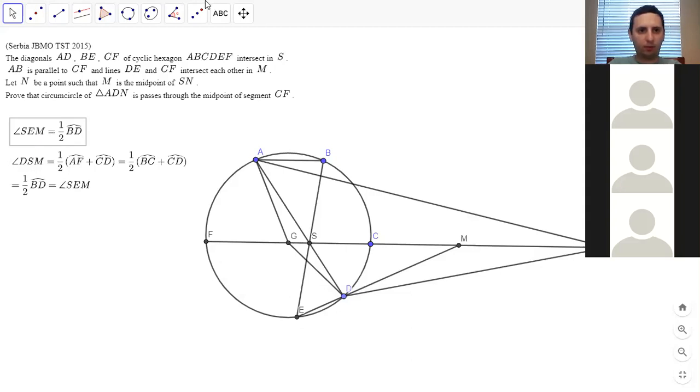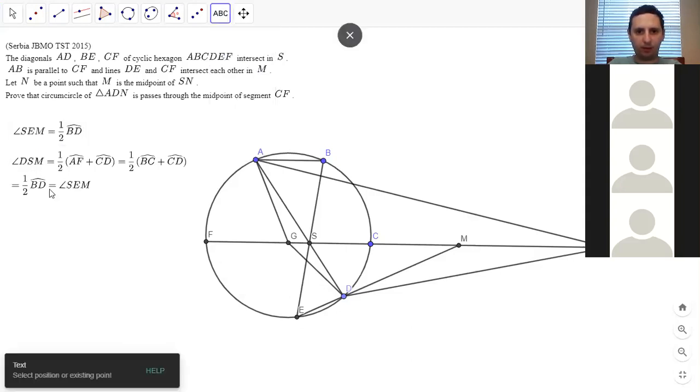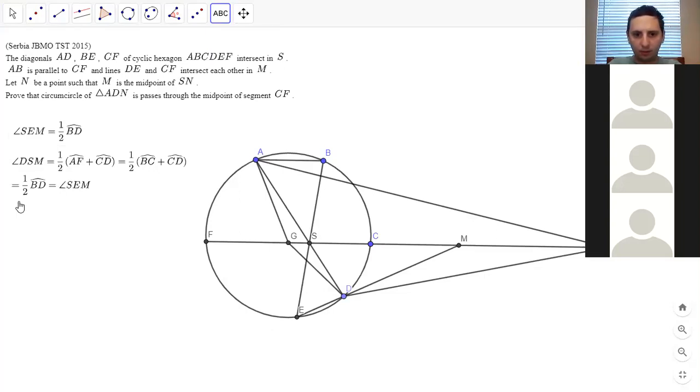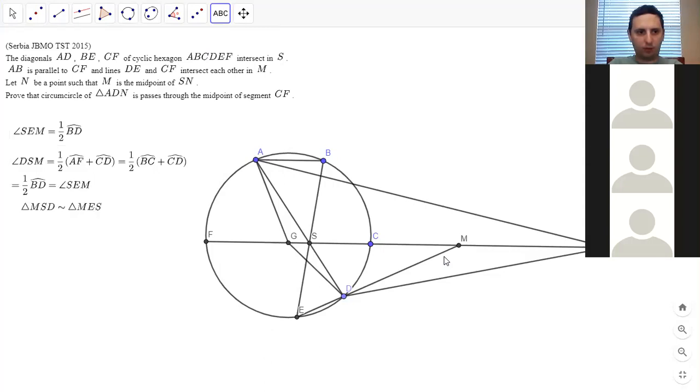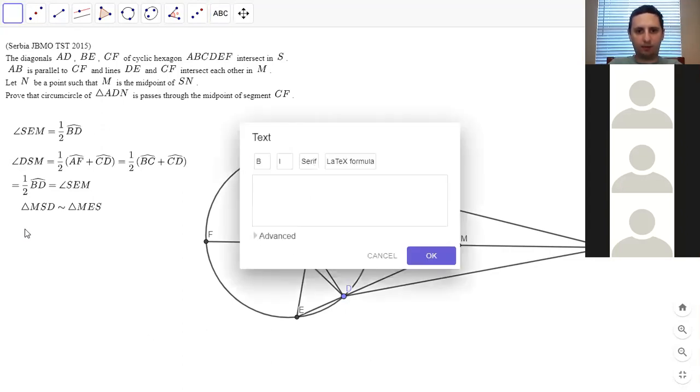Okay, so this means that triangle MSD is similar to MES. And once we know that, then we have MS squared is MB times ME, which is MC times MF.